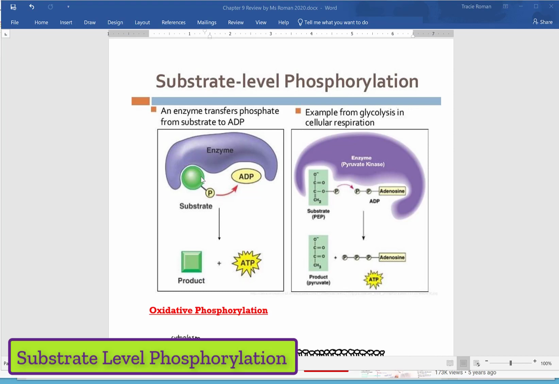but substrate level phosphorylation is the removal of a phosphate group from a substrate, and then that phosphate group binds to ADP. So I found this really good image on the internet, and the image on the left is a very generic, lower level comprehension image.